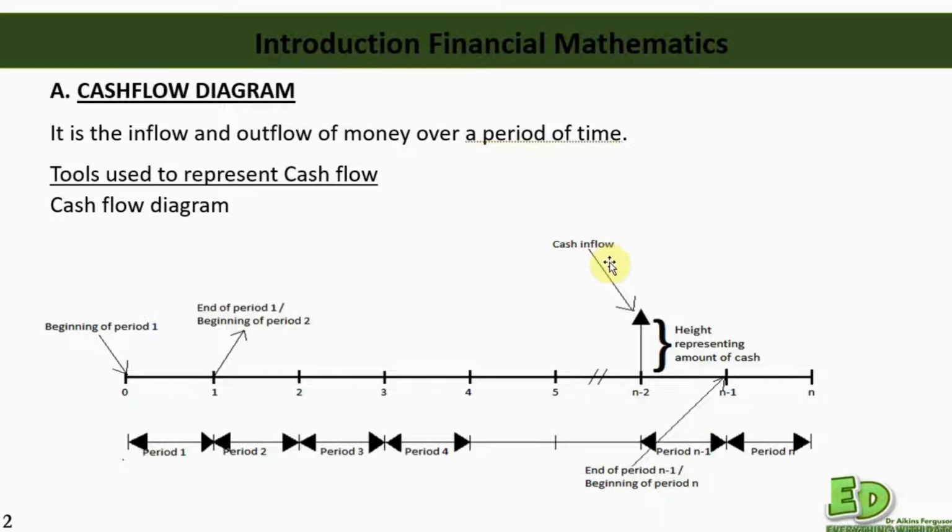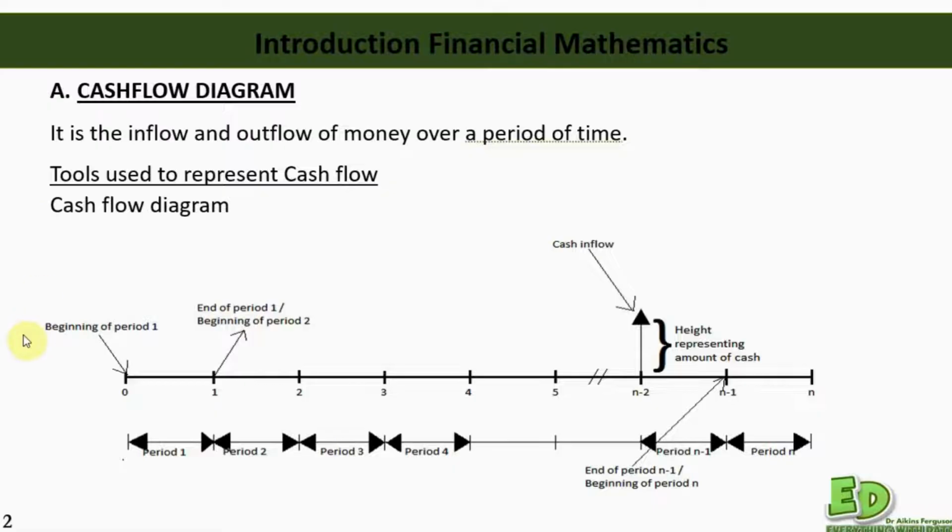The height of the arrow is dependent on the amount of cash. So the height represents the amount of cash. If you have a 500 million inflow, the arrow will be a bit higher than a 400 million inflow. That's what I'm trying to say.